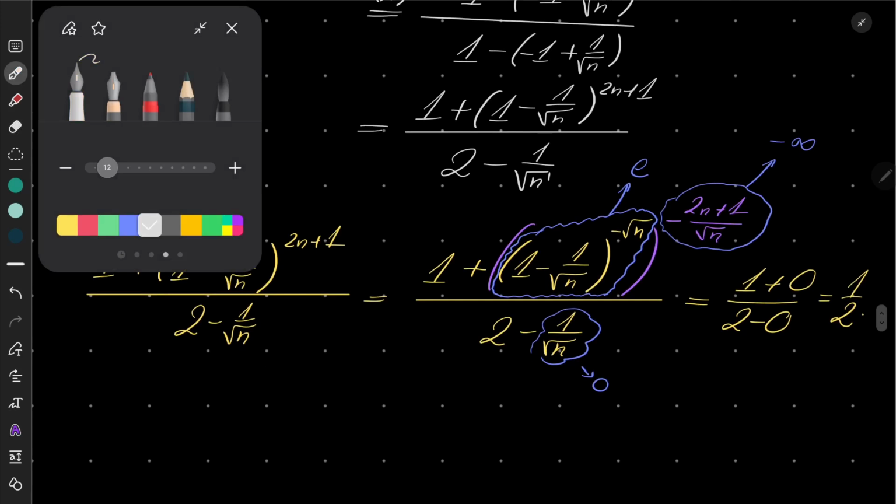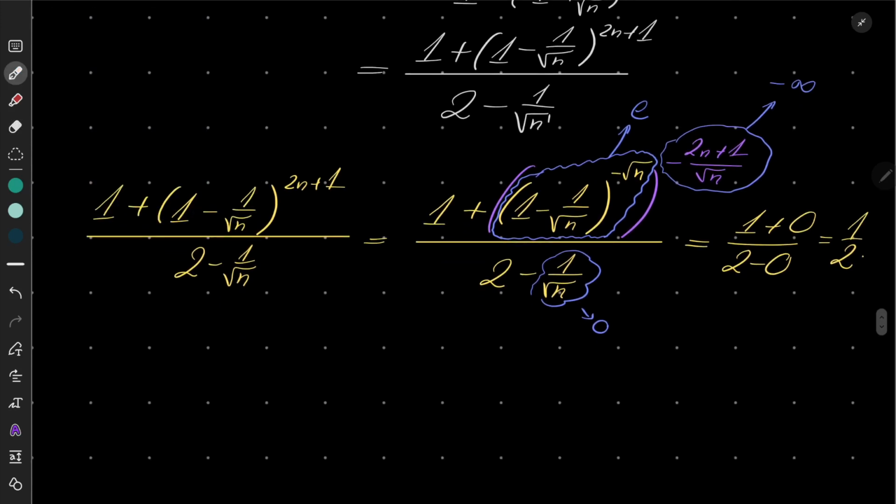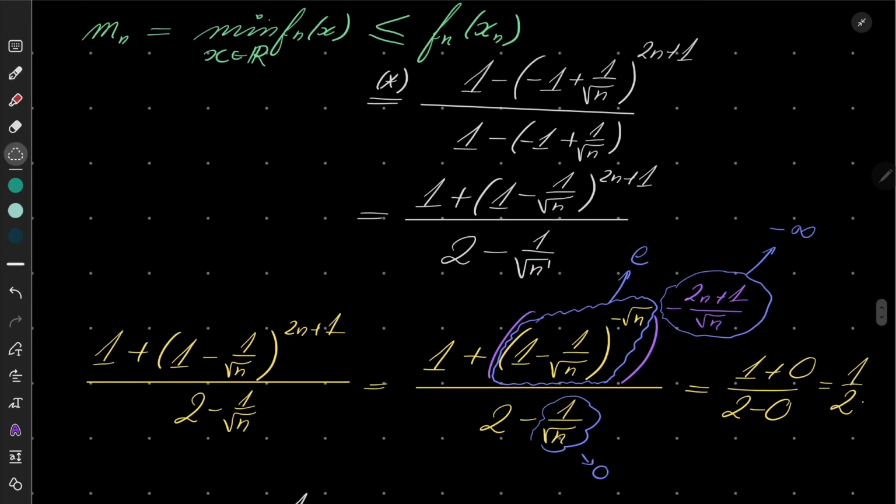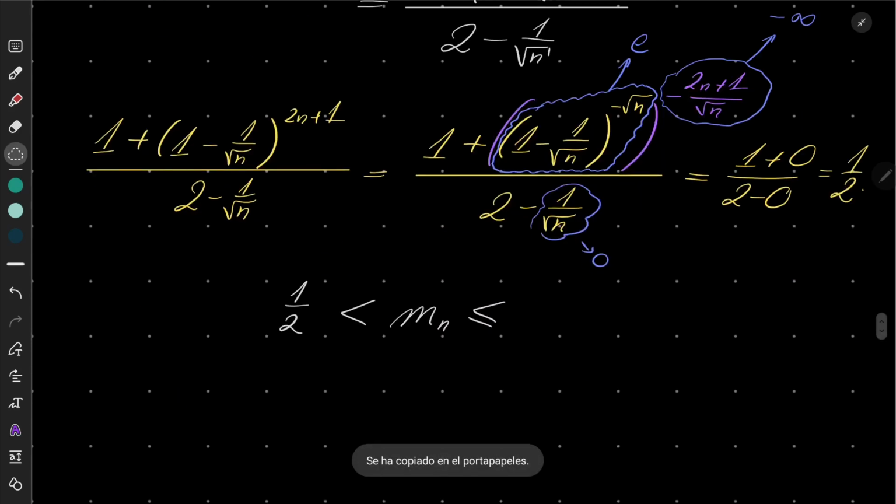Okay, and now we are at the end, rather, because now we know that m sub n is greater than 1/2, and it's less than or equal to this.